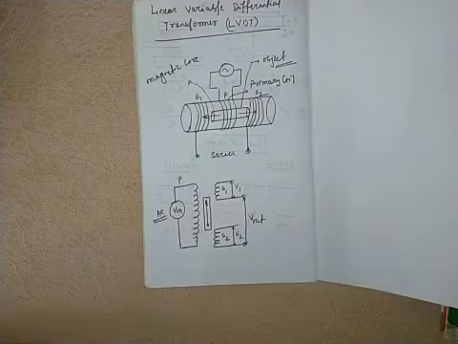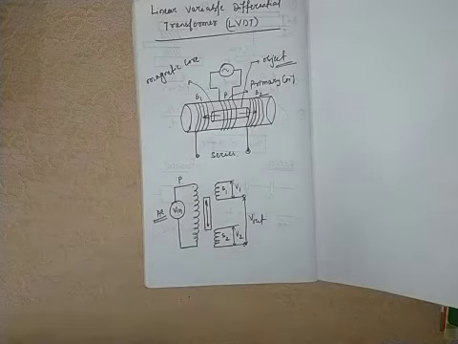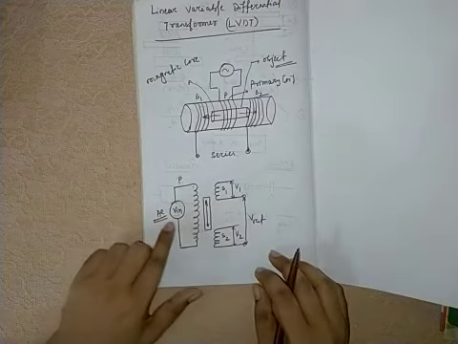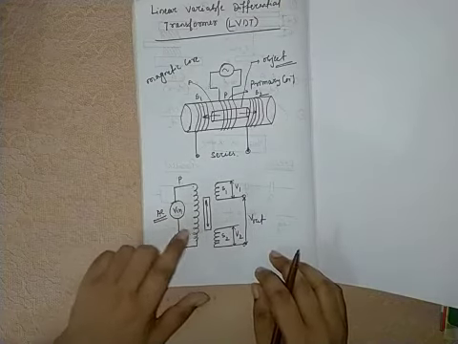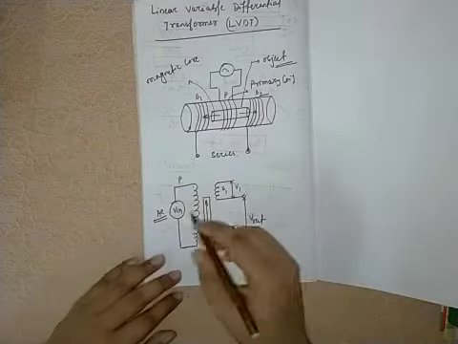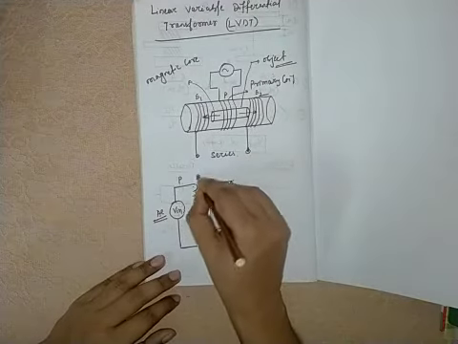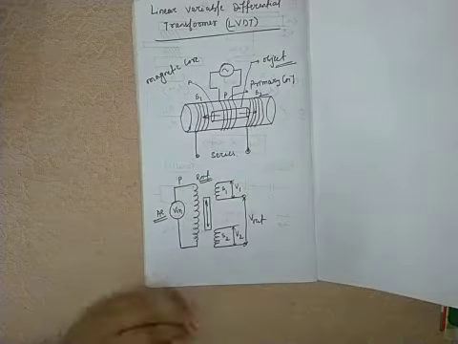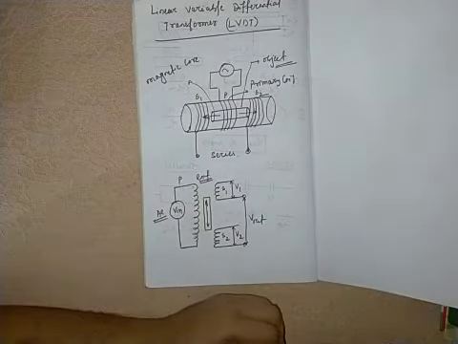So what happens? Due to the AC voltage input to the primary coil, an alternating EMF, electromotive force, is generated in the secondary coils.